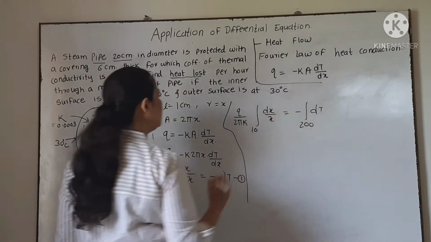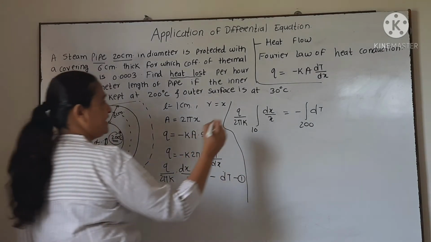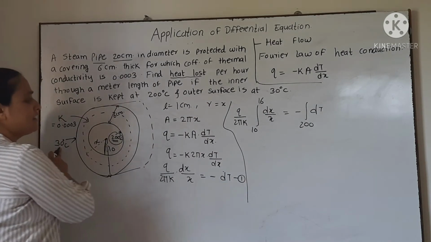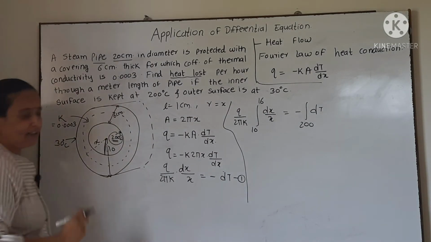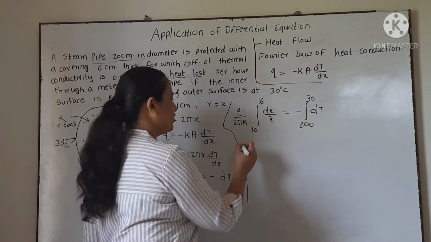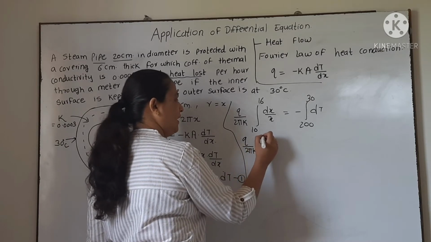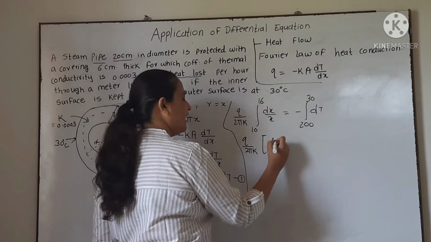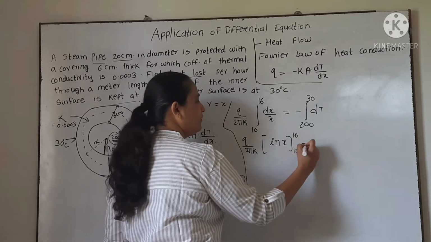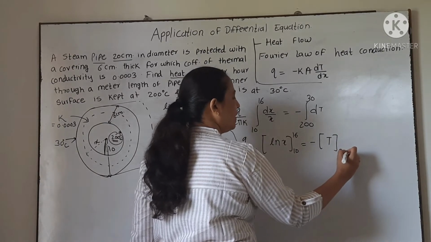Therefore, T is 200. And when the radius is 16 centimeter, temperature at the outer surface is kept at 30 degrees Celsius. So, it is 30. Now, if I integrate this, Q upon 2 pi K, integral of 1 upon x is ln of x, limits from 10 to 16, equal to minus integral of dT, which is T, limits from 200 to 30.